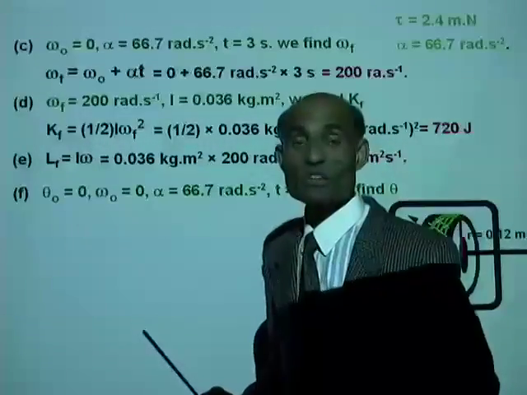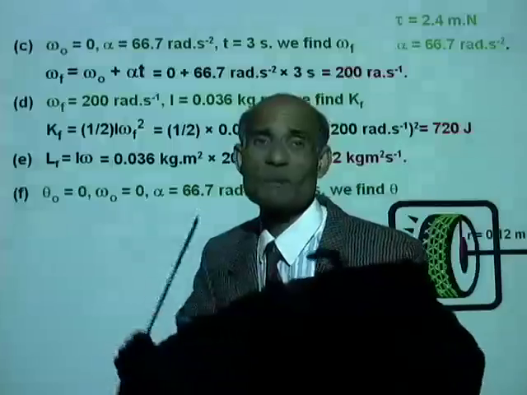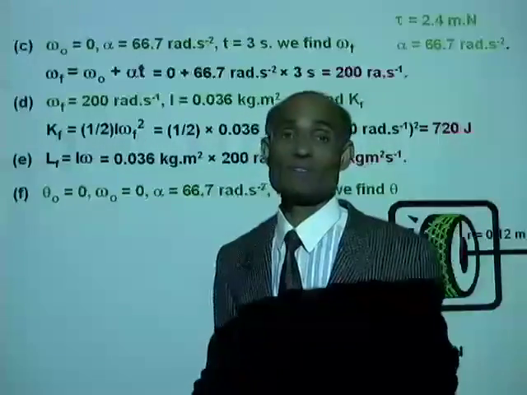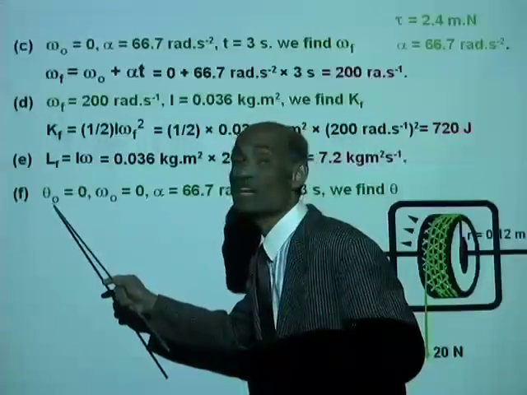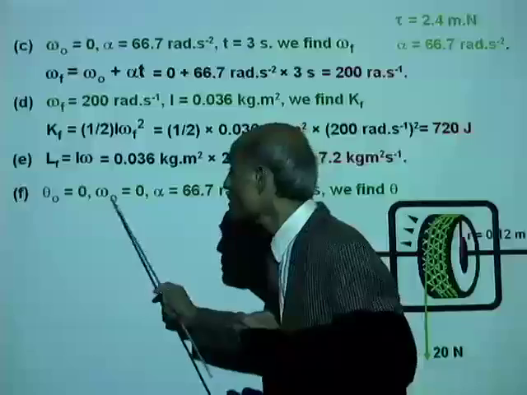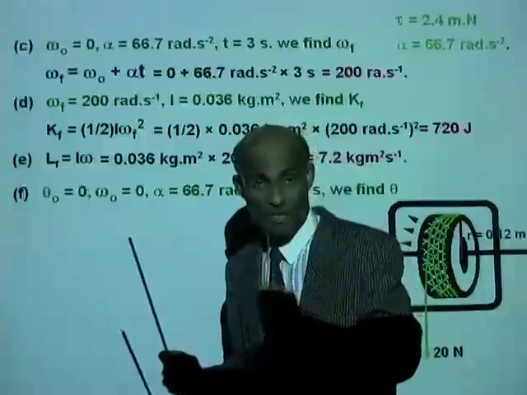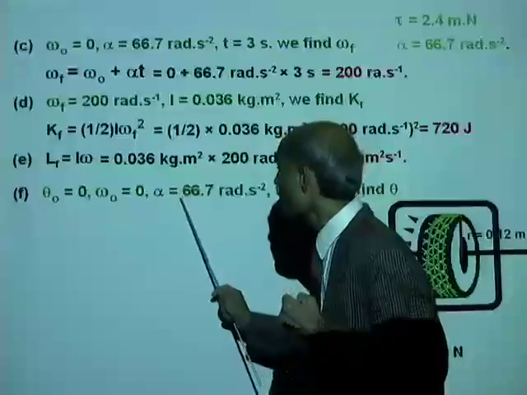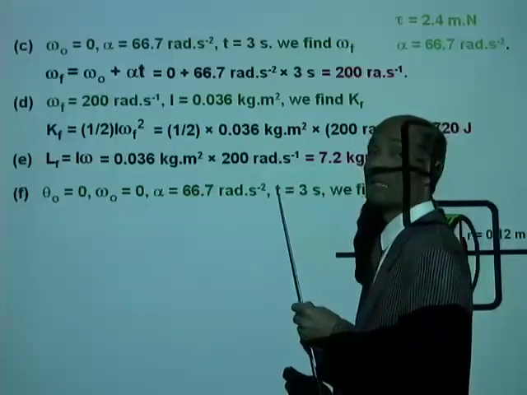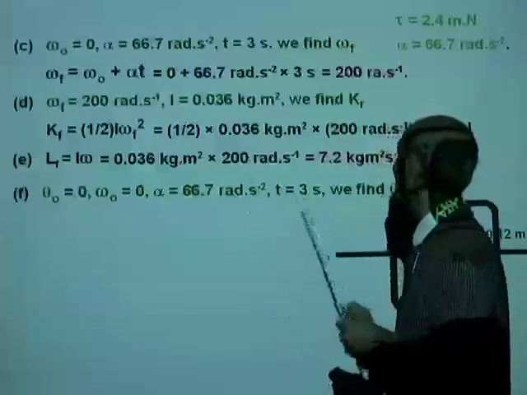Now, what is the total angular displacement during these 3 seconds? We know that theta 0 is 0, starting from 0. Omega 0 is 0, starting from rest. Alpha is 66.7 radian per second squared. t equals 3 seconds.